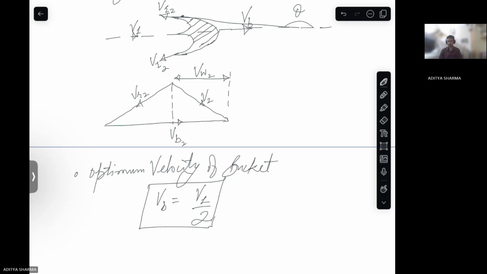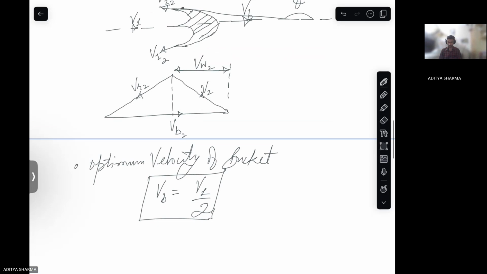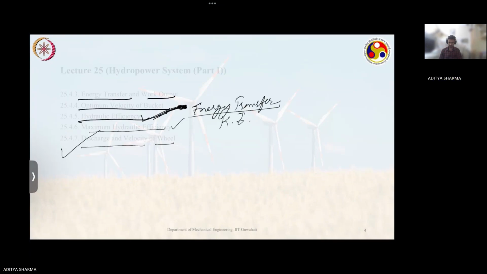Same way, then we have expressions for discharge and the velocity. So you can go through the lecture videos for the expressions. Briefly I have discussed the topics. Now we shall see questions.